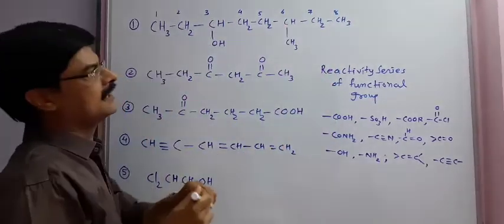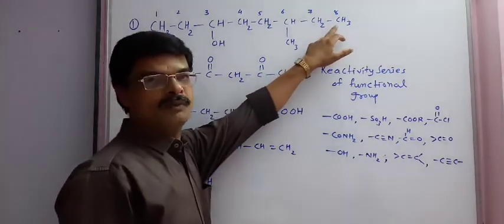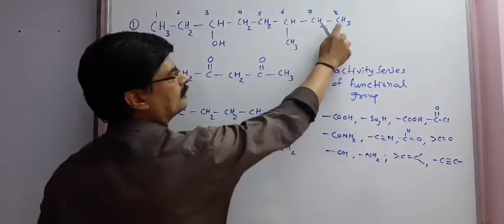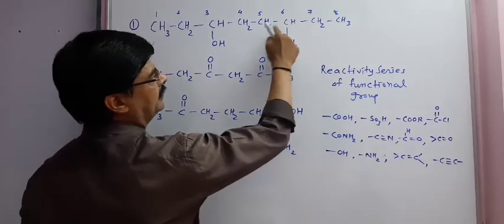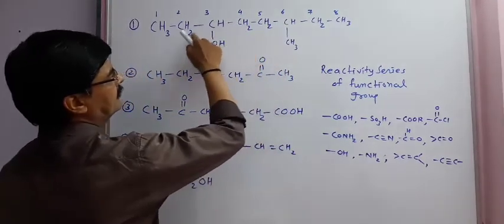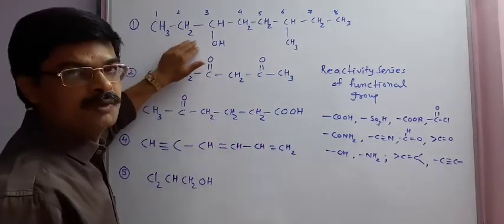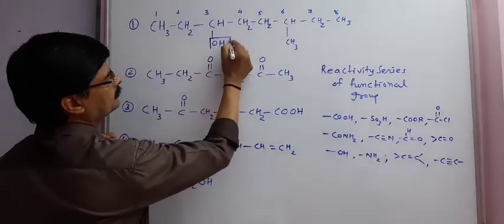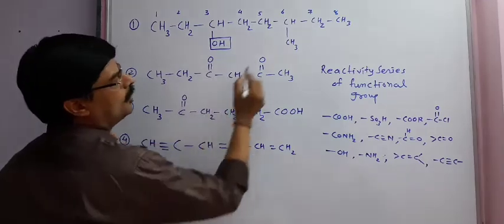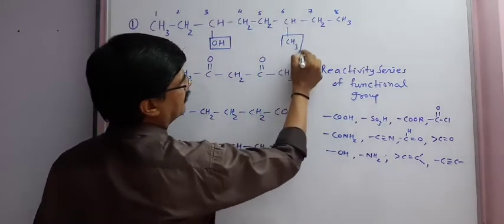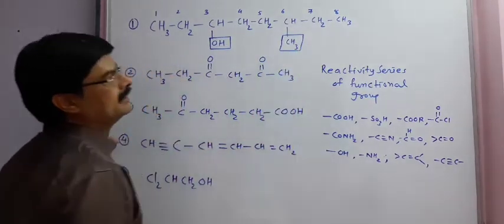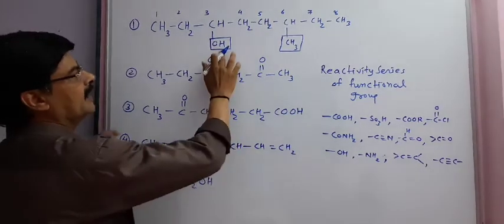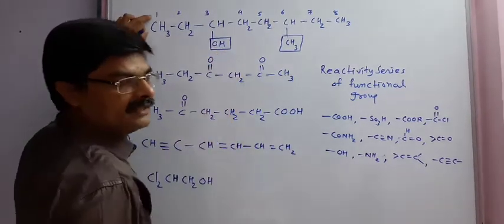Now if we had started giving number from right hand side, then it would be wrong, because alcohol functional group is more reactive than methyl functional group. That is why we have to give number from left hand side.